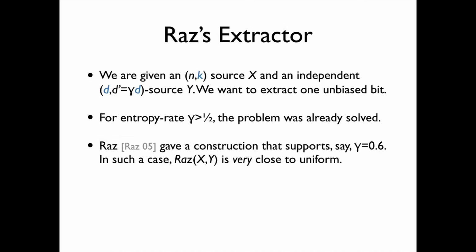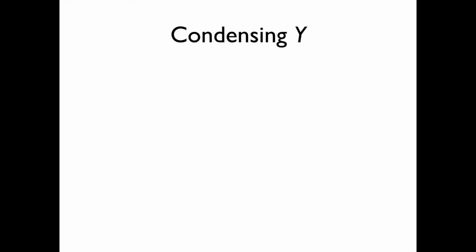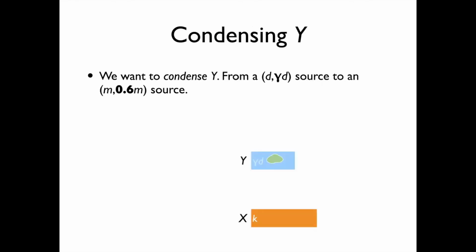In fact, Raz's extractor that I previously mentioned gives a construction that supports, say, gamma which is 0.6. And in such a case, Raz applied on X and Y is very close to uniform. So from rate gamma, we want to get to rate 0.6 because then we know how to solve the problem.